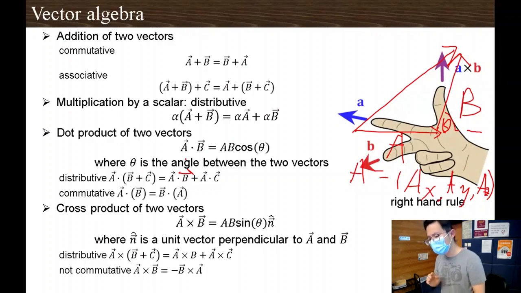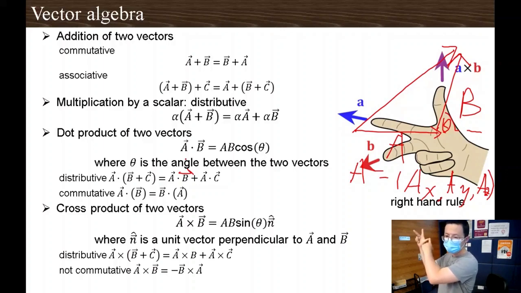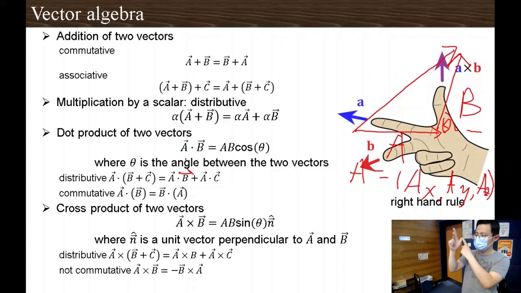So remember that we always use the right-hand rule when we're doing the cross product. Here on Wikipedia, the right-hand rule shows the A vector, the B vector, and the cross product of A and B. But I typically don't use this.